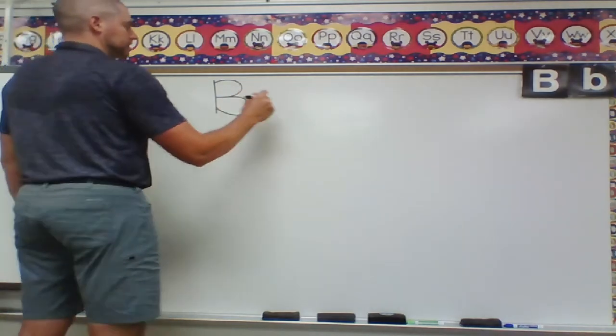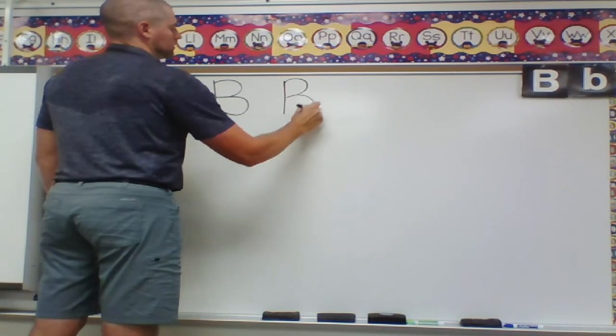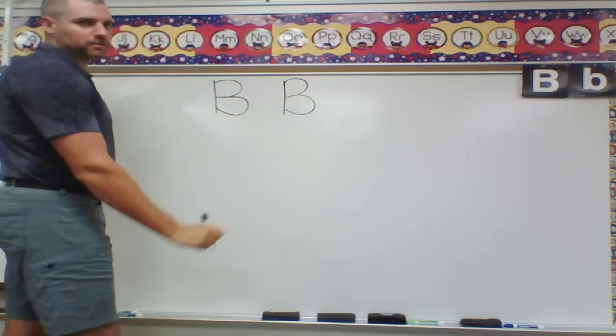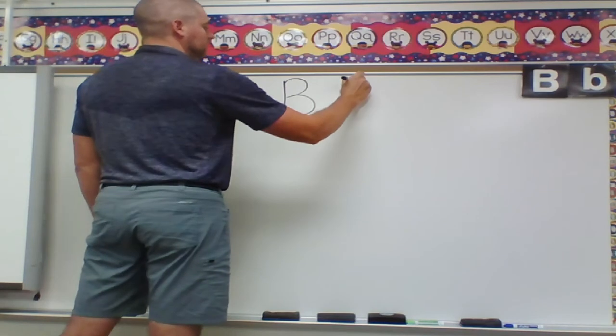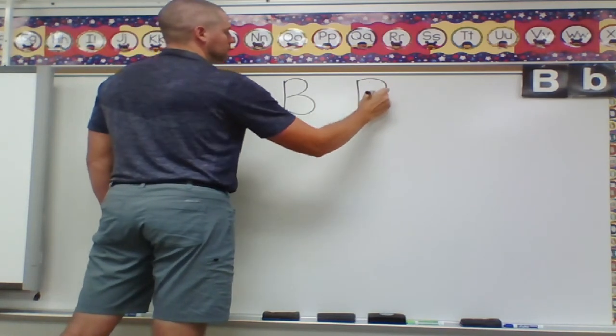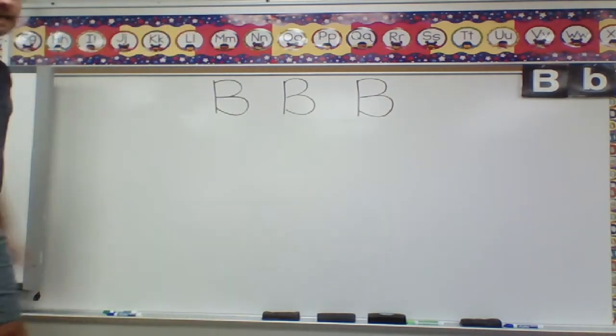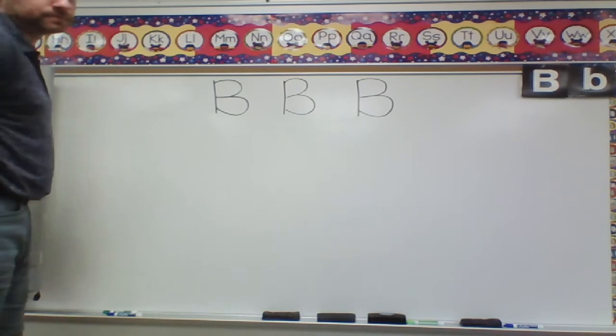Watch me do it a little faster. Straight line, just like that. And I'll make one more for you. Straight line, top to bottom. I pick up, back to the top, loop, and loop. And I have 3 capital B's in a row.